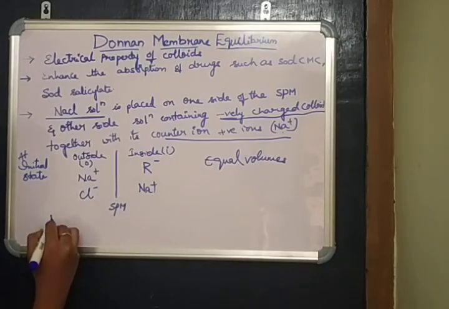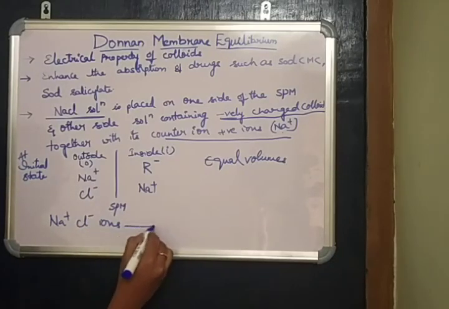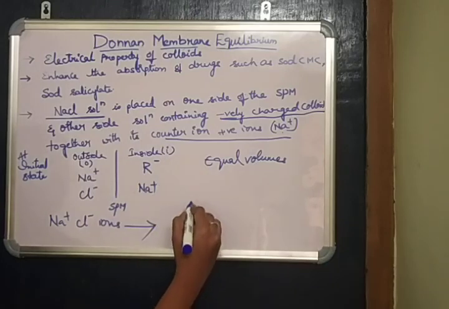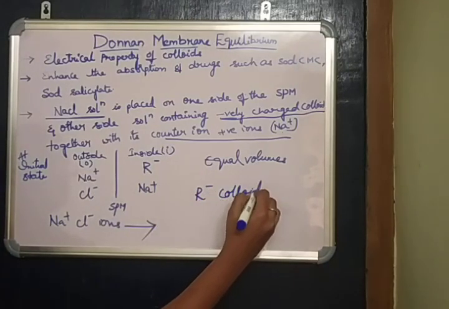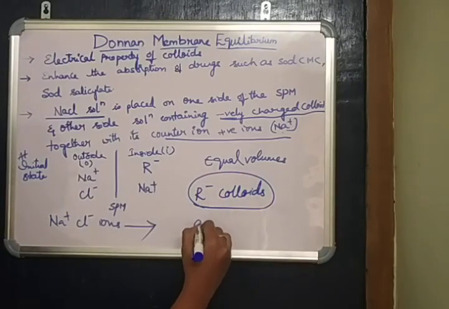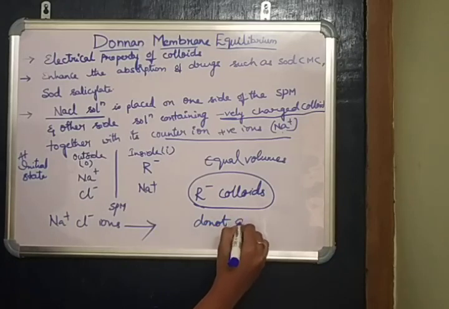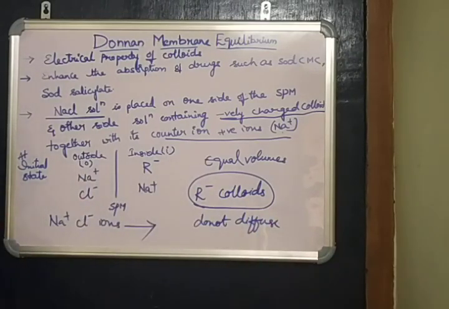This Na plus and Cl minus ions will move freely across the semi-permeable membrane, whereas the R minus colloidal ions do not diffuse through the semi-permeable membrane.